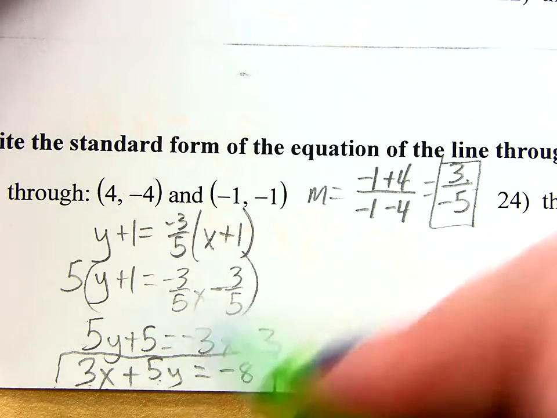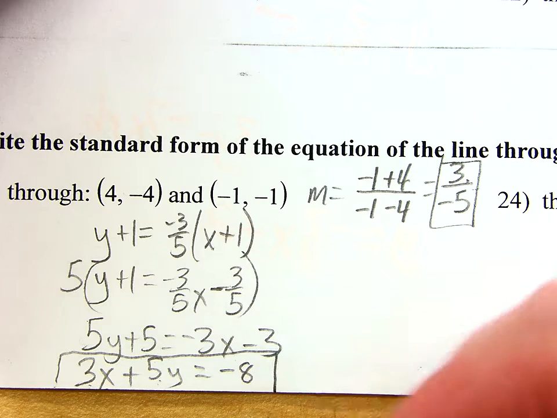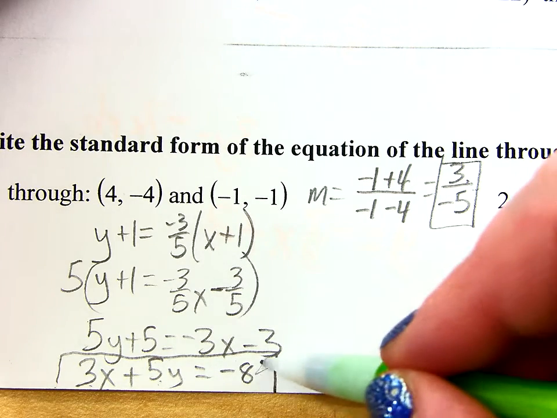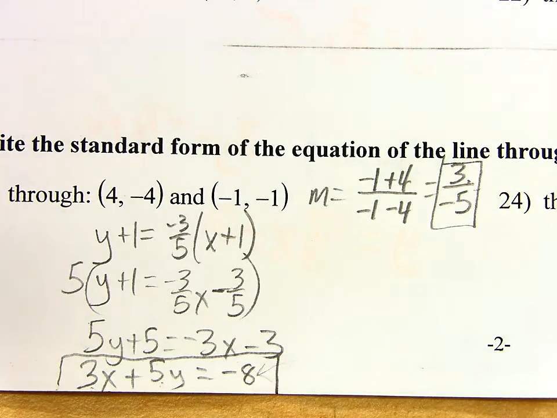Because if something went wrong in there, if you distributed wrong or added wrong, that may not work out that way. You could still be wrong because you could have this number wrong here, but it's a little quick thing that you can do to make sure that you're not way off. And there it is. There's standard form. Just make sure you distribute before you clear fractions.